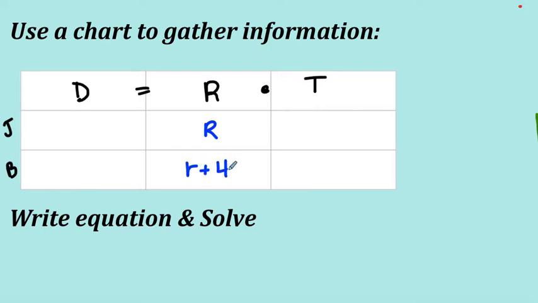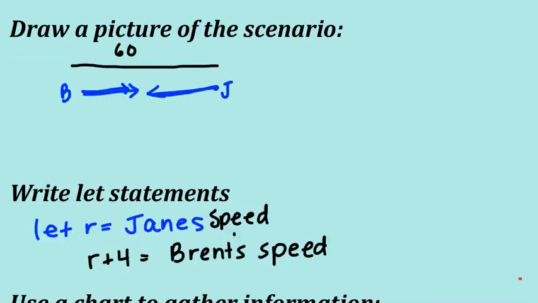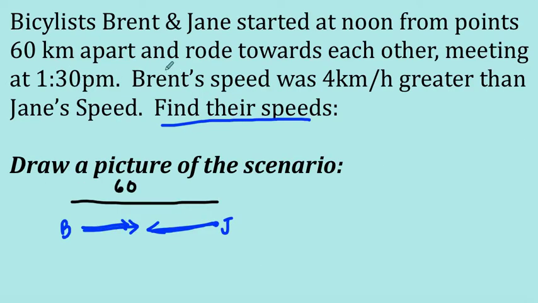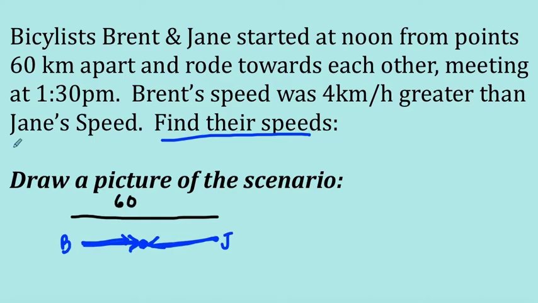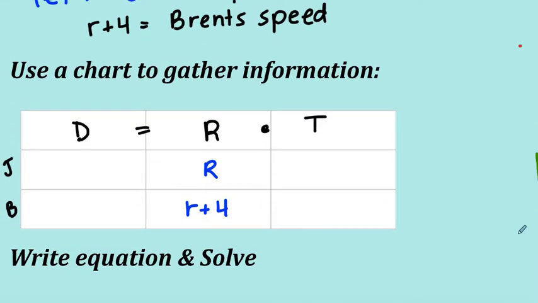We also know that they left at noon, 60 kilometers apart, and they met each other at 1:30. That means that here they reached each other, wherever that is. They reached each other at 1:30. So they've been on the road for an hour and a half. All right, so in my chart, my time, I'm going to put 1.5 because that's an hour and a half, okay? All right, and it's okay to use decimals.